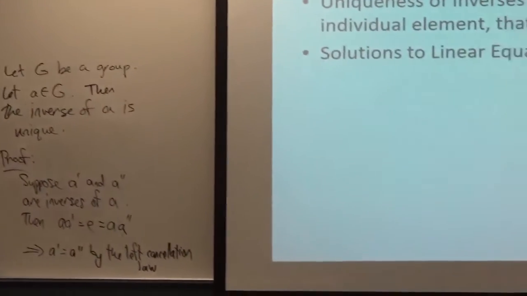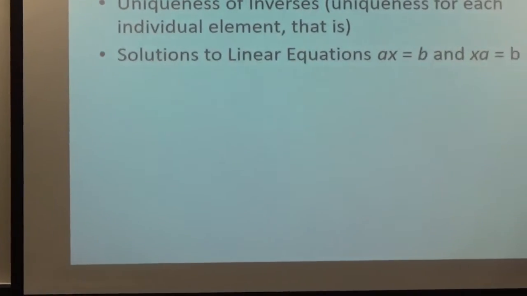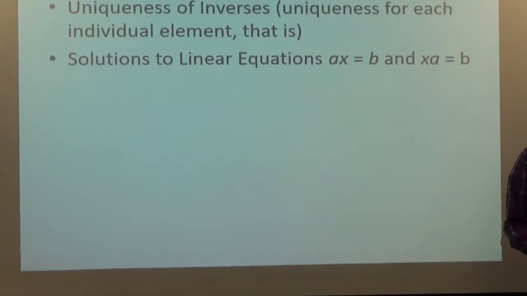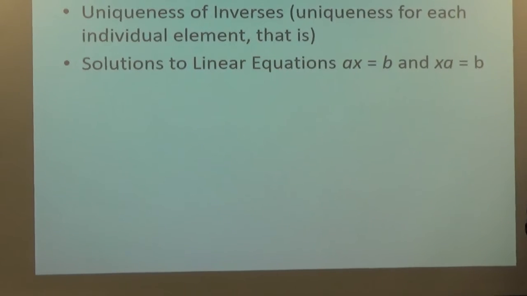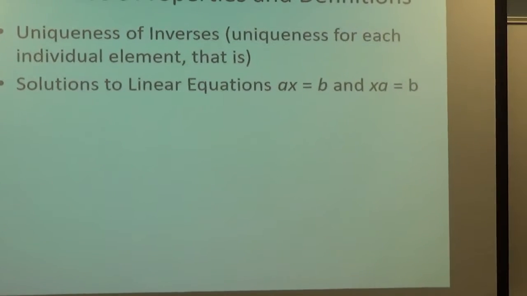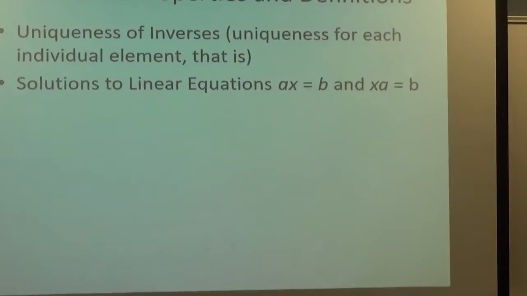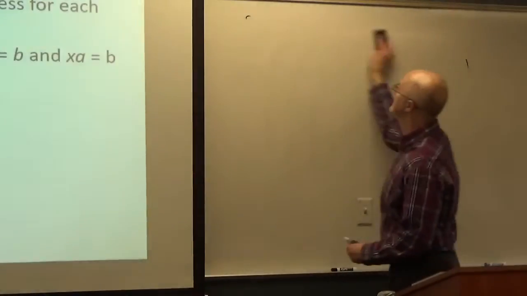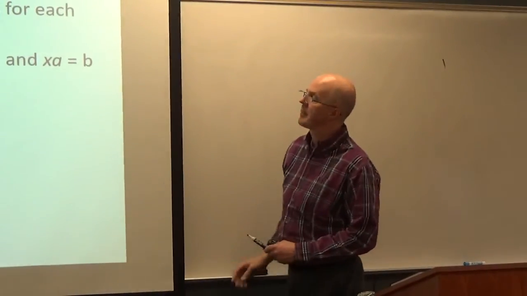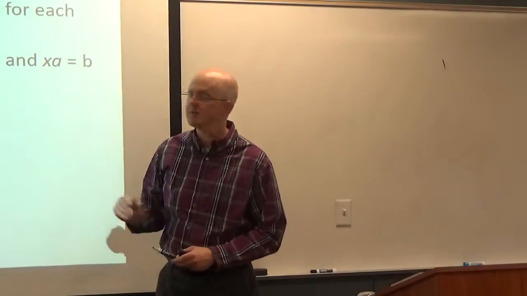You can solve linear equations like this for the unknown x, if you treat x as an unknown and A and B as given. This is just like in linear algebra with matrices. Except you've got to be careful in that analogy.